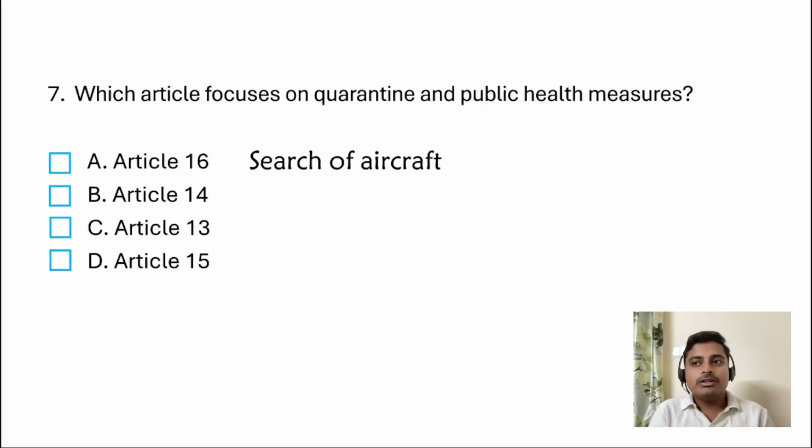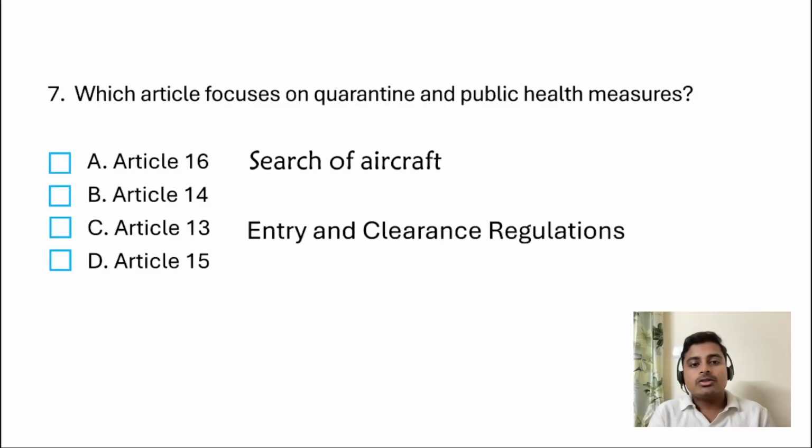The authorities of the state where the aircraft is landing or taking off have the right to search the aircraft for any suspicious materials, or they can even search for the documents. Now they can look into the documents of that particular aircraft.